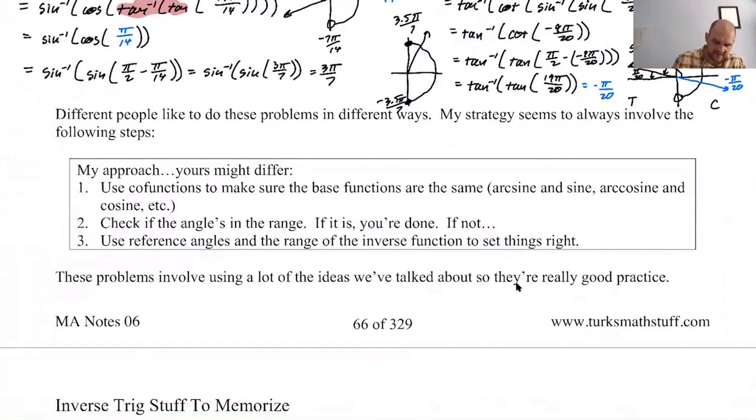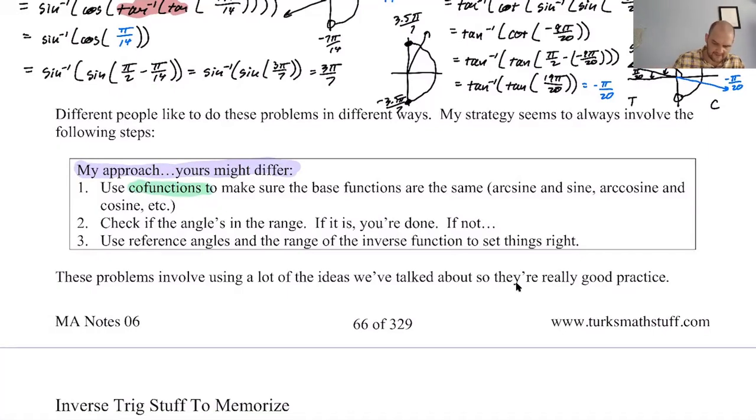This is the approach that I used, just a summary. You don't need to use this approach, but this approach works. Step 1, you co-function your way to the same functions. Arc sine and sine, arc cosine and cosine, arc tangent and tangent. You want to get the same function involved.